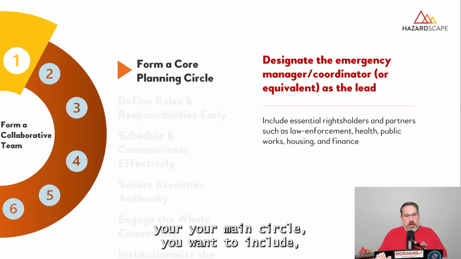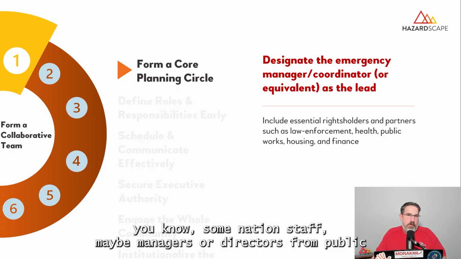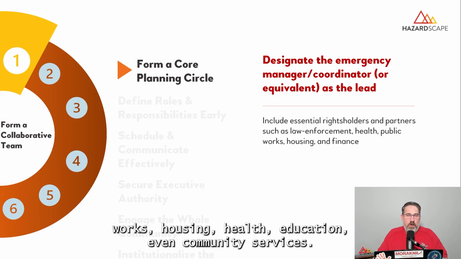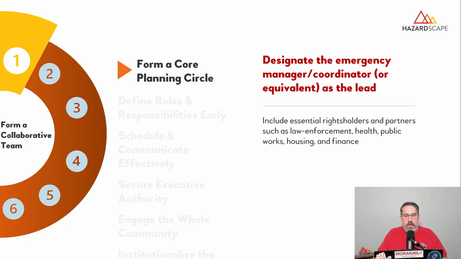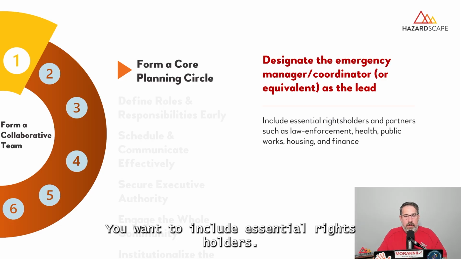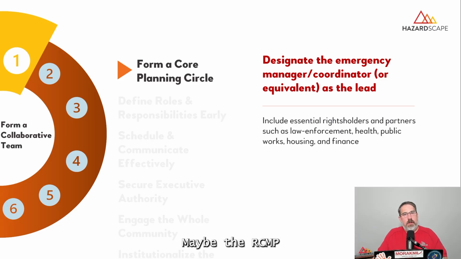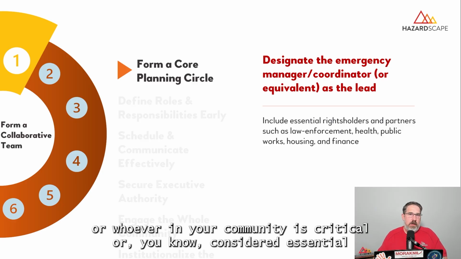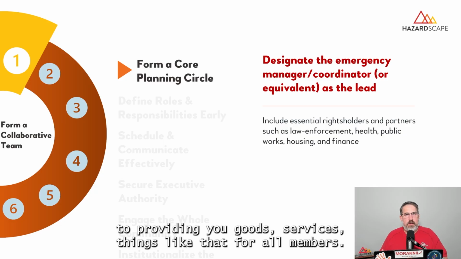So within your main circle, you want to include some nation staff, maybe managers or directors from public works, housing, health, education, even community services. You want to include essential rights holders, maybe the RCMP, whoever in your community is critical or considered essential to providing you goods, services, things like that for all members.